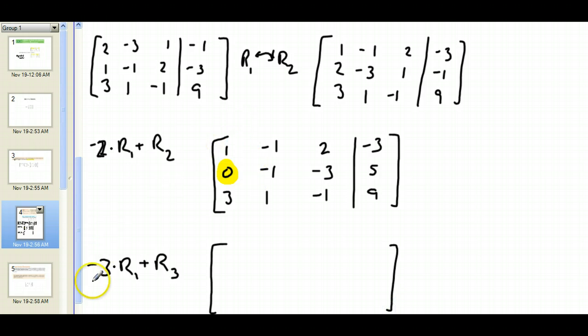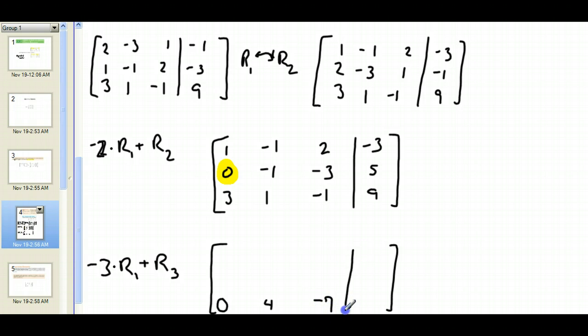So negative 3 times this 1, negative 3 times 1 is negative 3, plus 3 is 0, so I'll have a 0 right here. Negative 3 times negative 1 is positive 3. Positive 3 plus 1 is 4. Negative 2 times negative 3 is negative 6, plus a negative 1 is negative 7.